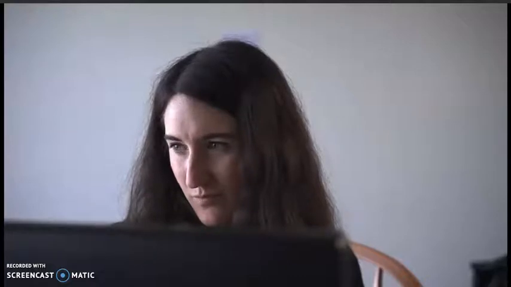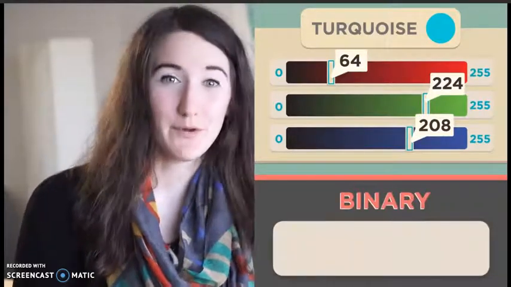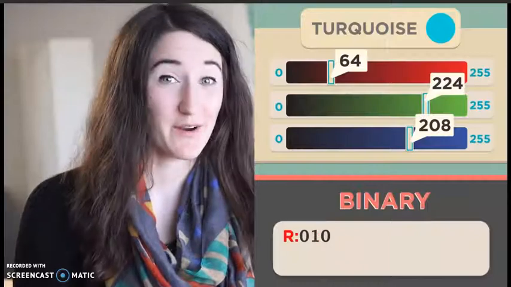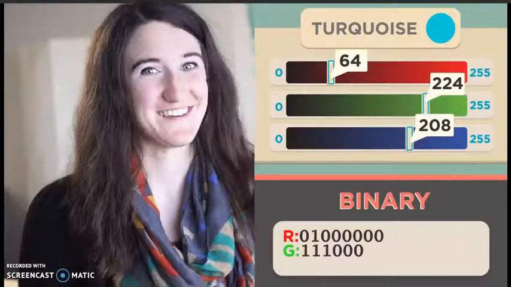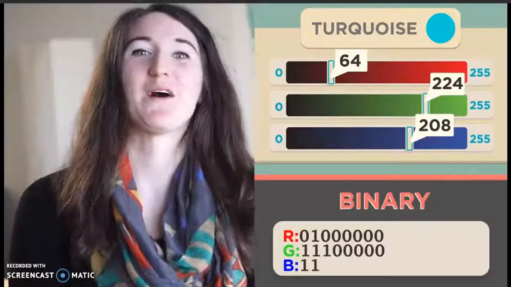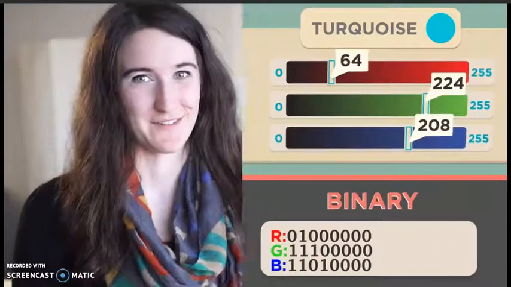We could represent a pixel of the color turquoise, for example, in our traditional decimal-based number system as 64 for a little red, 224 for a lot of green, and 208 for some blue. But a computer would have stored it as 01000000 11100000 11010000.